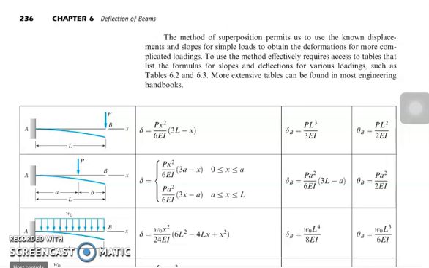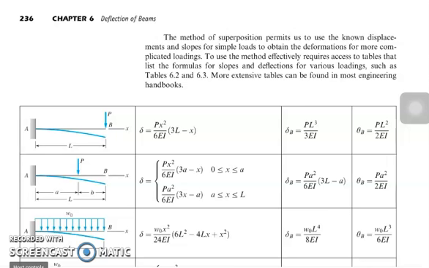Using the method of superposition, we have access to tables that list the formulas for slope and deflection for various loadings, such as Table 6.2 and Table 6.3.